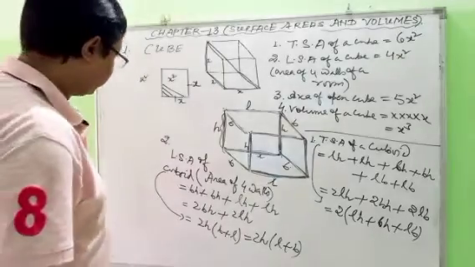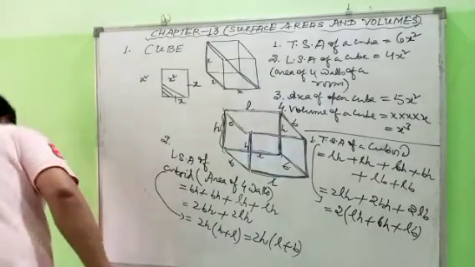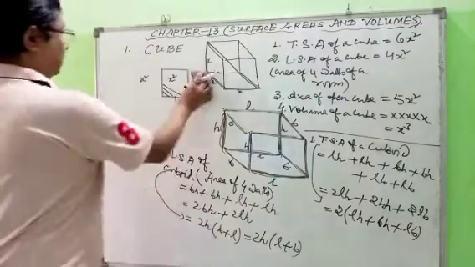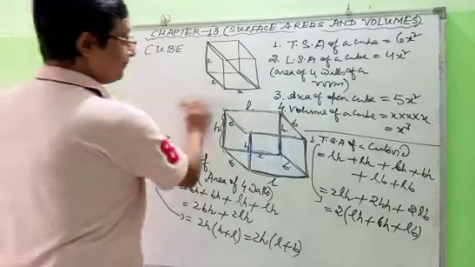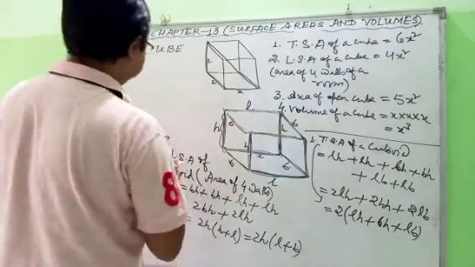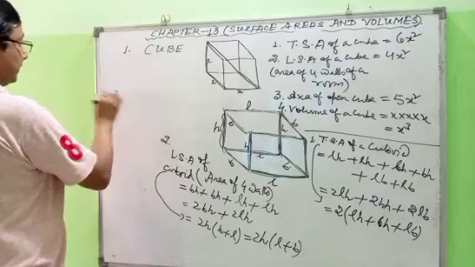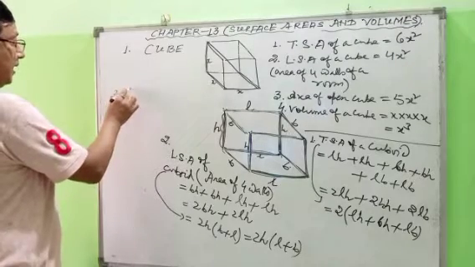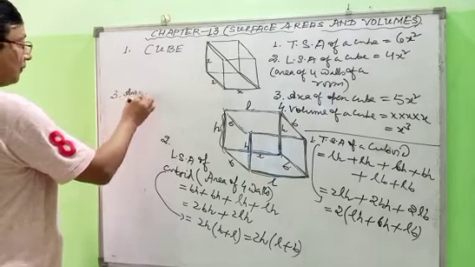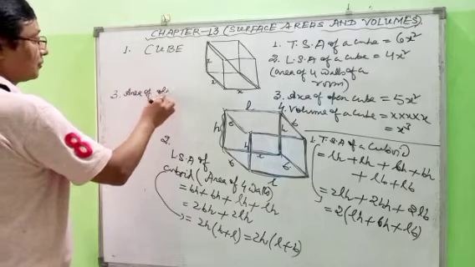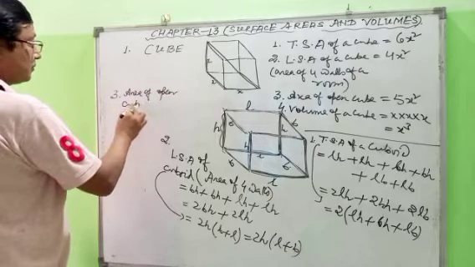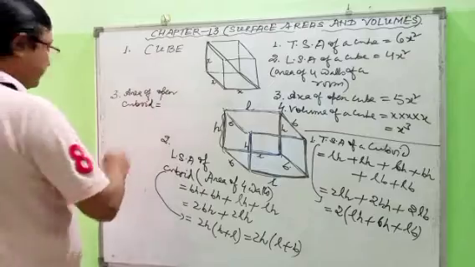Then the next one. Next one, let us take number 3, the area of an open cuboid. Open cuboid.